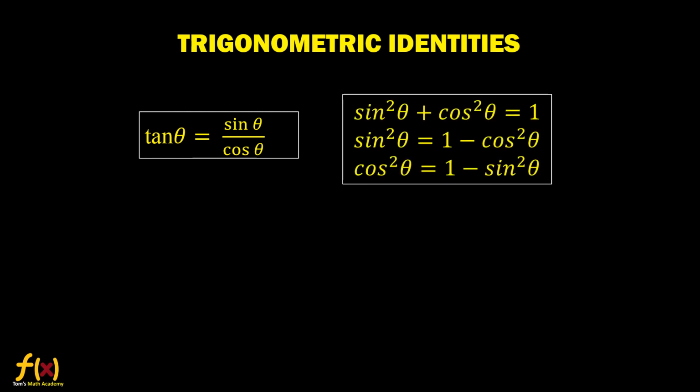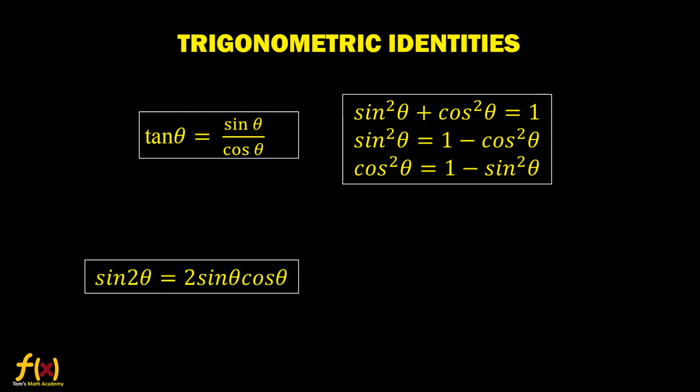We have already learned the important identities in grade 11 and grade 12. Tan theta equals sin theta over cos theta. Sin square theta plus cos square theta equals 1.